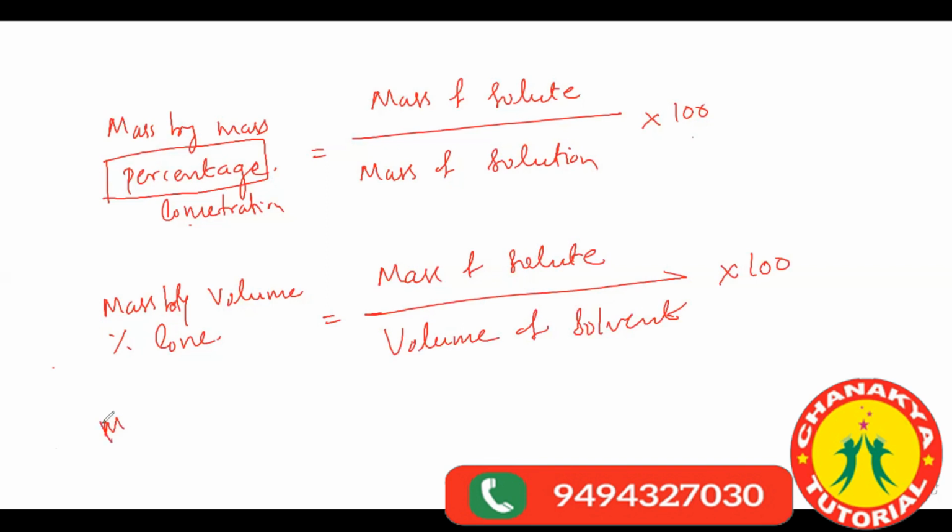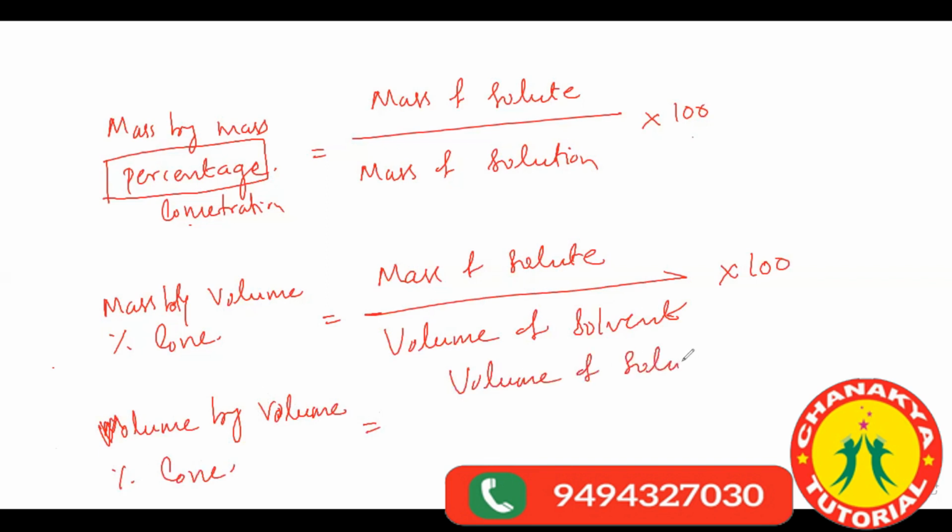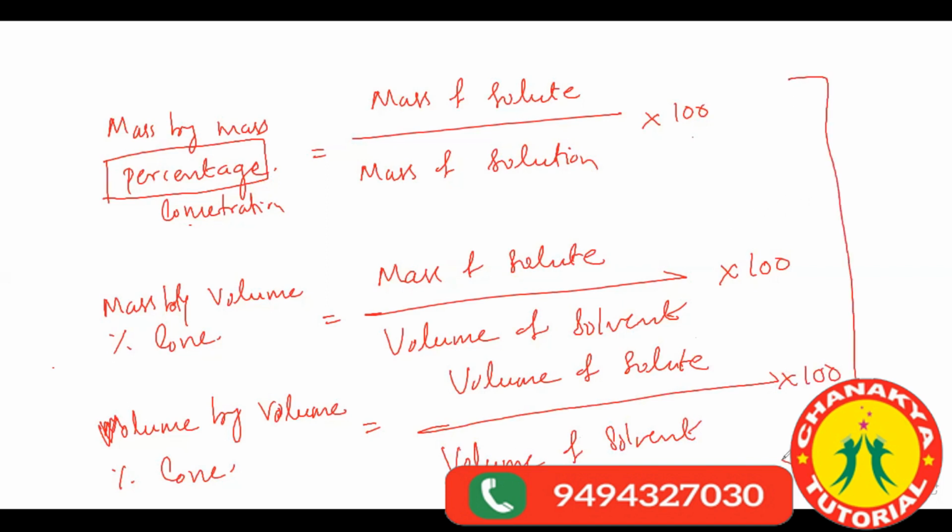Volume by volume percentage concentration. In that, volume of solute upon volume of solvent, times 100. So these three formulae you have to utilize while solving the numericals on the basis of concentration.